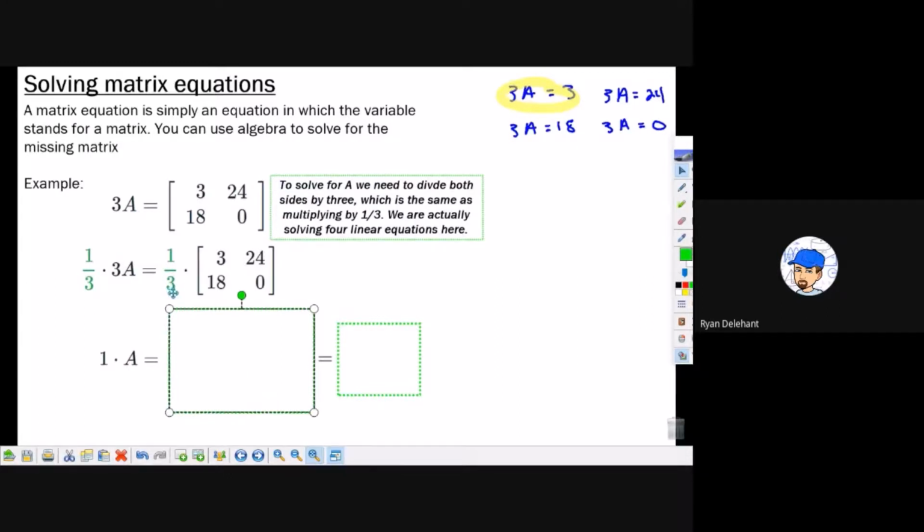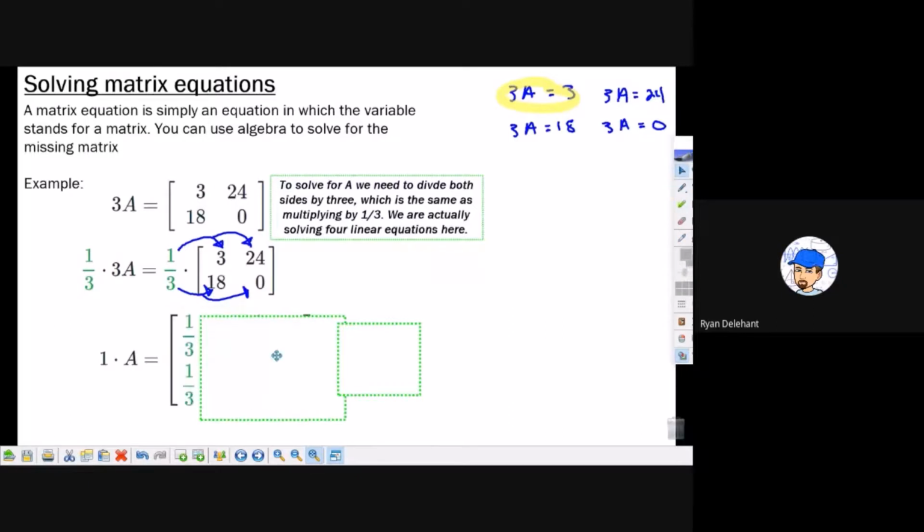How would I multiply that through? This is scalar multiplication. This 1/3 multiplies everything in this matrix to find the answer. You see how I'm using the solving and the division in the same key here. So what's a third of 3? 1.